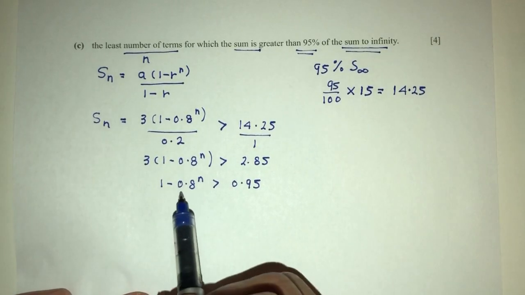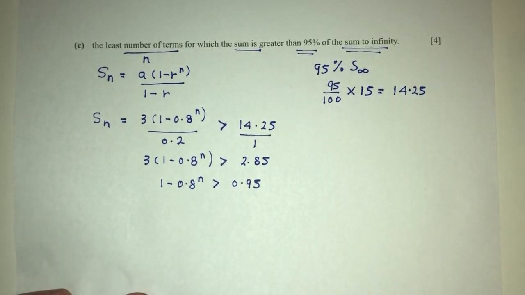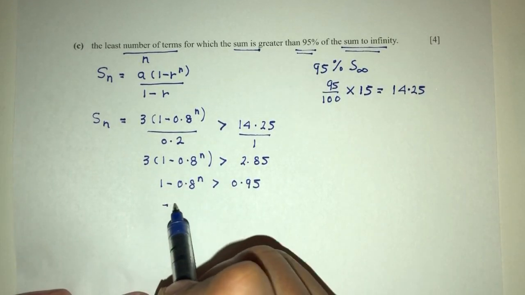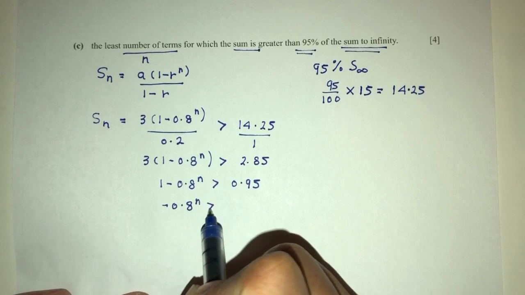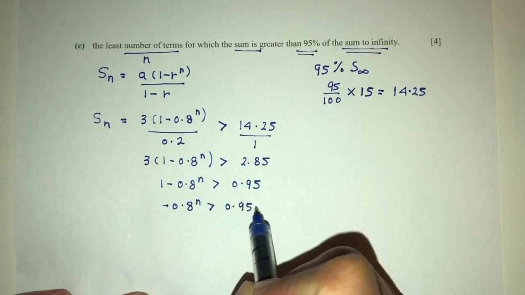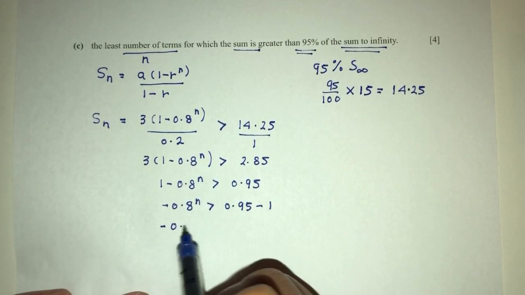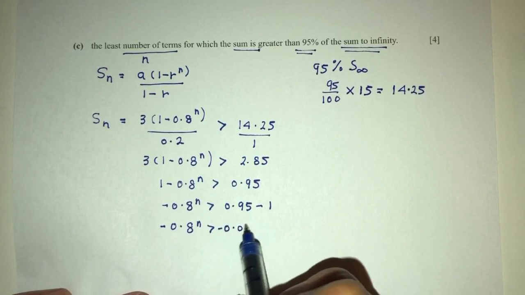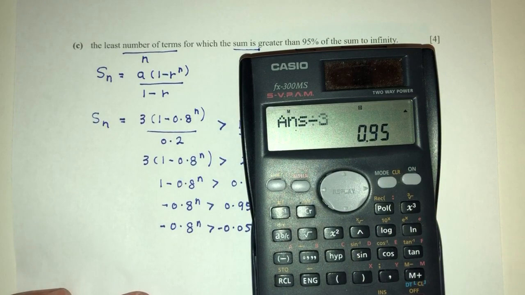Now we have to make this become the subject, right? So how can we do this? First I can just send the value of 1 over here. You will have 0.95 minus 1, more than minus 0.8 to the power n, so that will be minus 0.05. Let's check just to make sure.